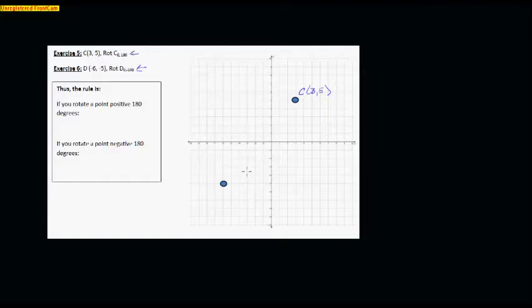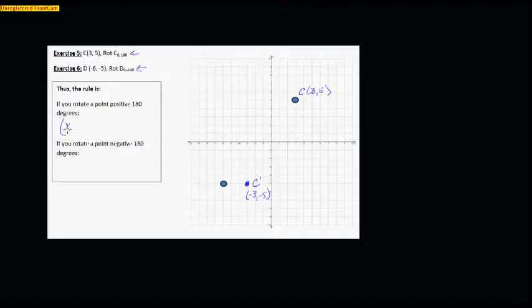The new point that's going to be created is at -3, -5. 1, 2, 3, 4, 5, right here. So C prime is at -3, -5.